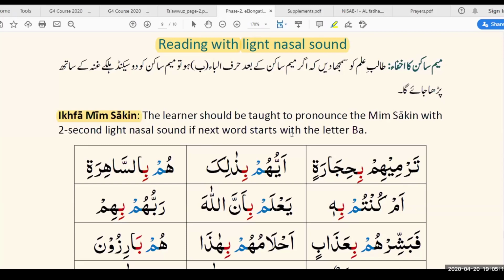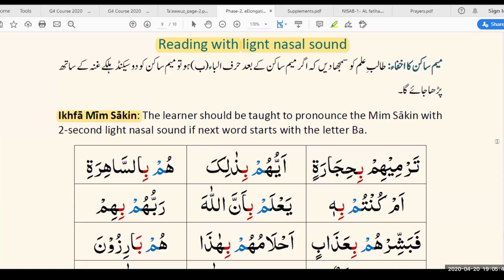I can also explain that in easier to understand language. Ikhfa means to conceal or to hide or suppress. So the sound of noon sakin or tanween will be partially concealed.